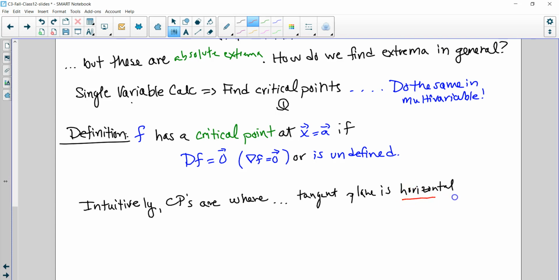So just some language clarification, we might have to talk about hyper horizontal, and that is just if we're in higher dimensions. Okay. Ideally what we do is we find these critical points and then we remember there's some more things that we have to do after that. Stay tuned to figure out what we do next.